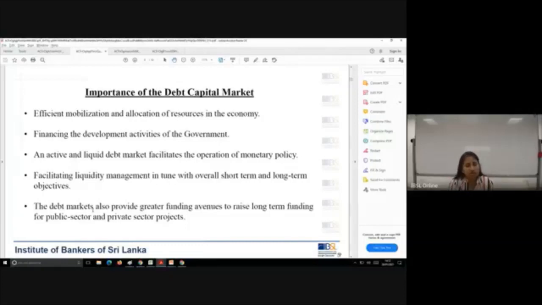Can you get it from equity? Equity has no particular maturity. But here, for that specific project, for that specific tenor, you are able to raise funds without giving the ownership out. Certain projects you can't give ownership out. In that scenario, it's debt capital market which is helping.